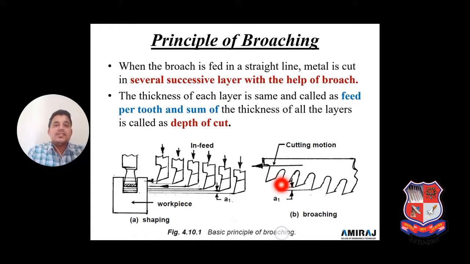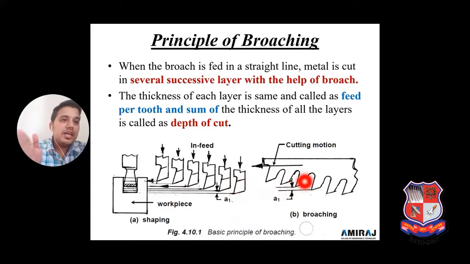This A1 distance is nothing but the continuous feed whatever we provide in the shaper machine. So we are providing a number of teeth, and each tooth is nothing but one single point cutting tool. Okay, so when it passes through this groove, gradually it will increase the cross section of the groove.